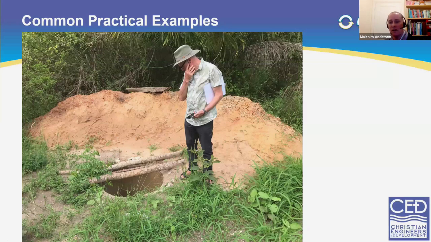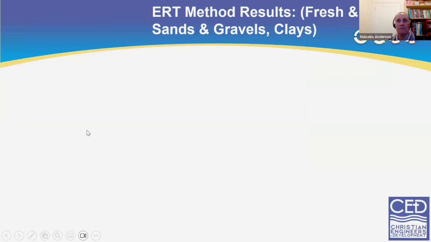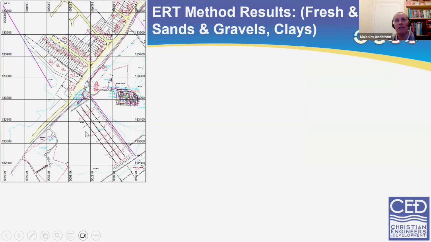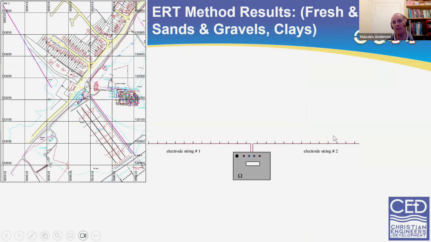So that concludes the discussion on the methods. So I'm just going to go through some practical examples. This one here is the ERT method, and here there were a couple of lines that were done. This is the method where you peg the instrument into the ground, and you get a series of pins.